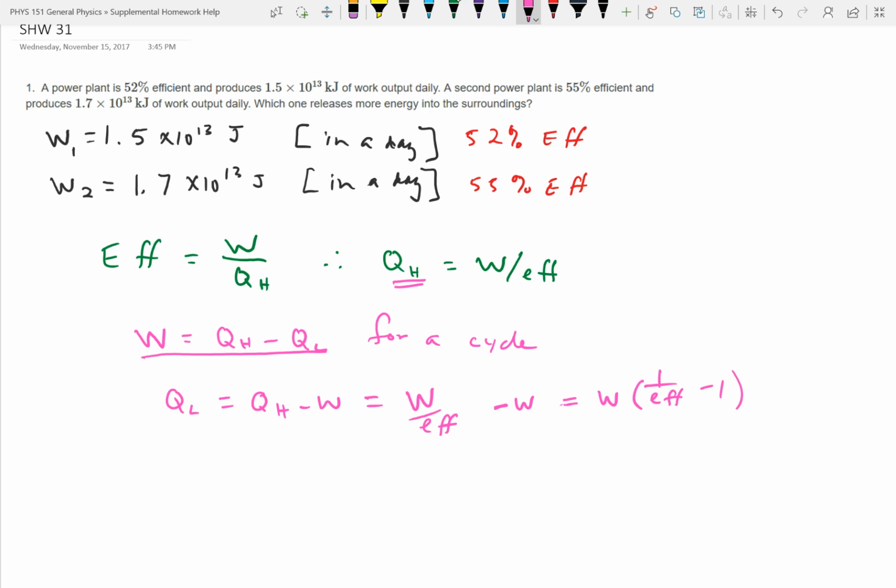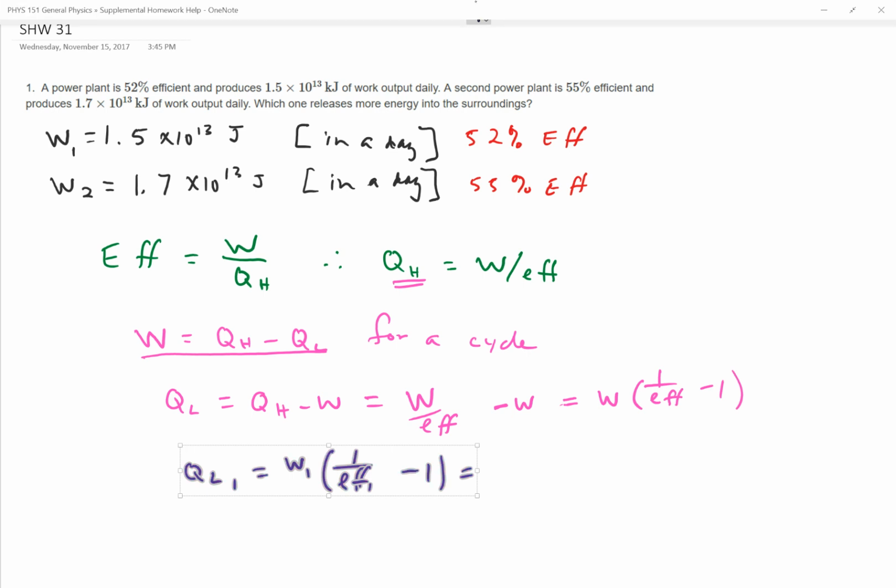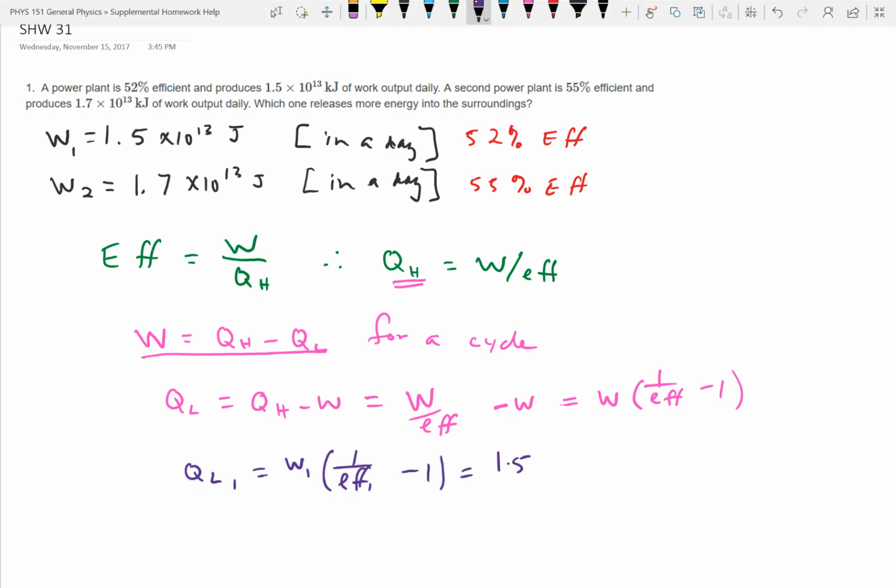So we can now calculate what QL is. QL1 is equal to work 1 times 1 over efficiency 1 minus 1, which equals 1.5 times 10 to the 13th joules times 1 divided by 0.52. If it's 52% efficiency, the actual efficiency is 0.52.